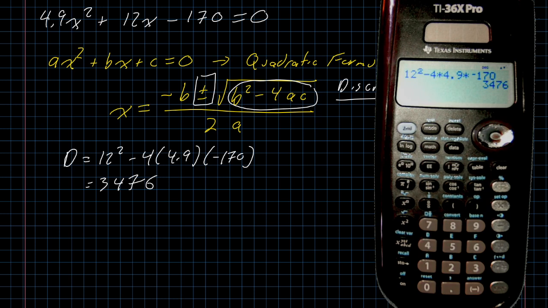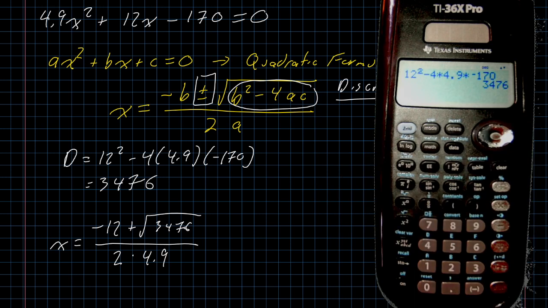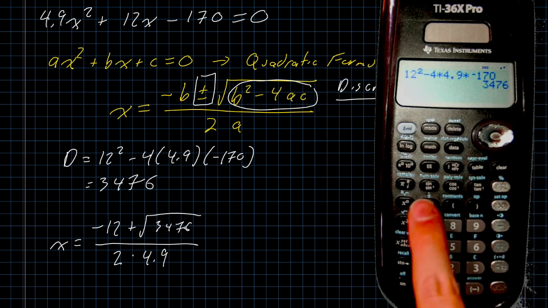Right. But now that I know this discriminant, I can plug in everything. X equals the opposite of B. B is 12, so we have negative 12 here, plus the square root of my discriminant, 3,476, all over 2 times A, which is 4.9. Right, so that's the next thing I want to punch into my calculator.